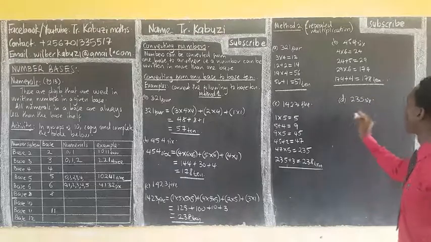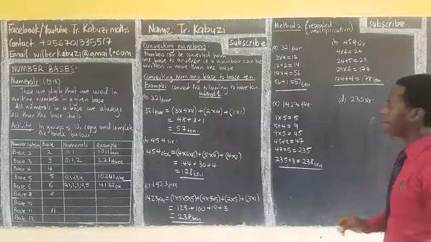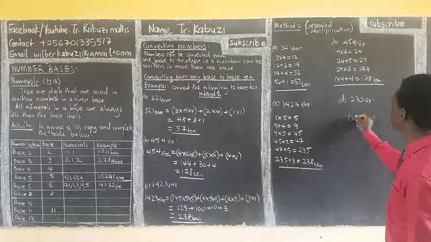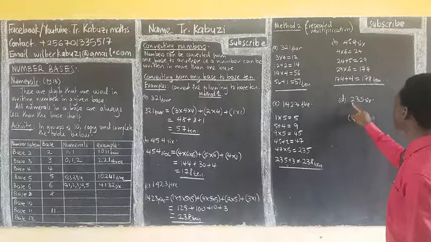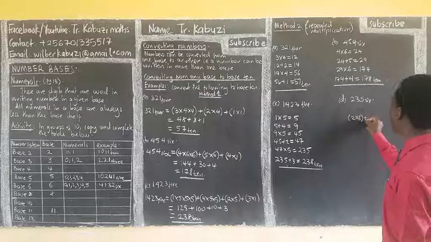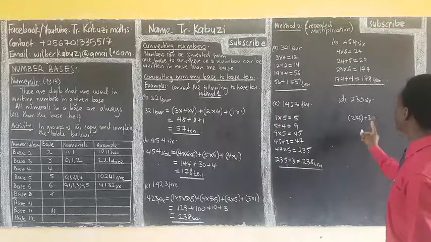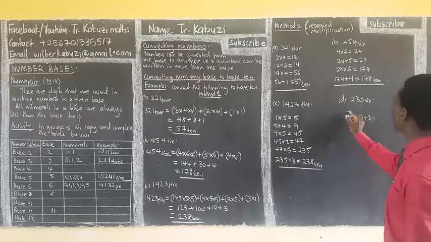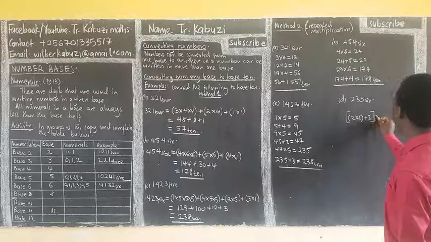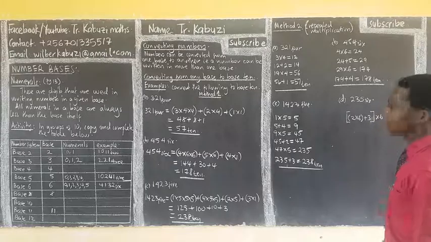Now, be careful with the brackets I'm creating. I'm going to get 2 times 6, 2 times the base. Then after the answer I get, I'll add 3. Then after adding the 3, I multiply the whole of this by the base, which is 6.